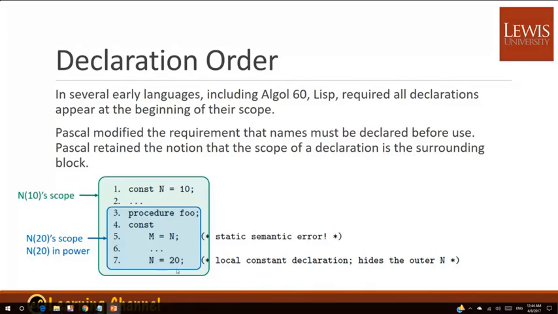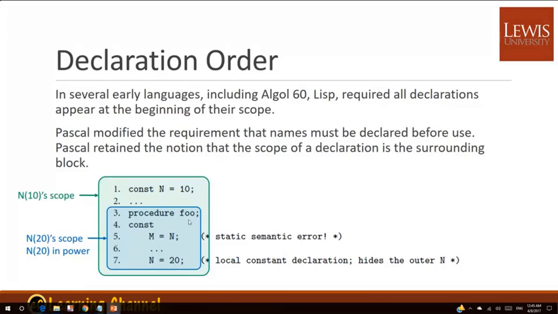That will give you n equals 20. So that's the scope of n20. And n10 is only outside of the n20's range. So this may create a static semantic error, and the local constant declaration hides the outer n, it is overridden.